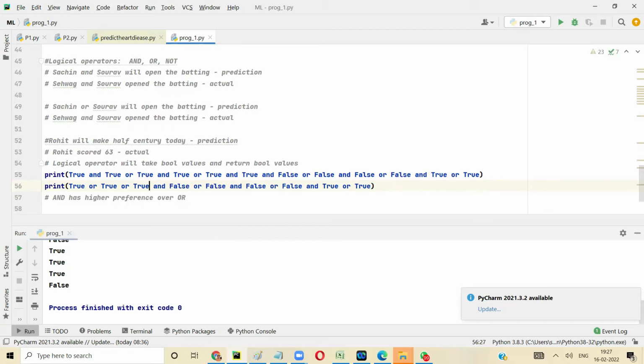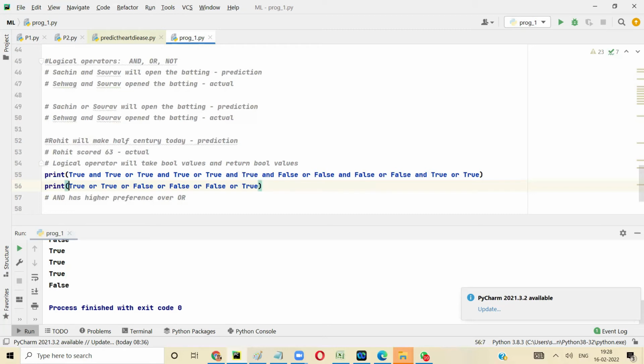Now you have true and false, false. Where is AND again? False and false, false. Again you have AND here, false and true, false. Now all the ANDs are replaced.